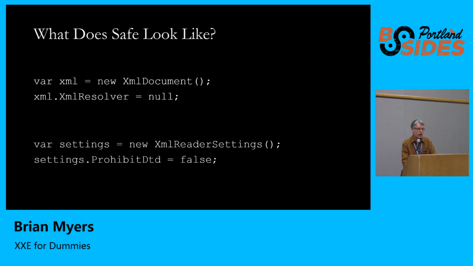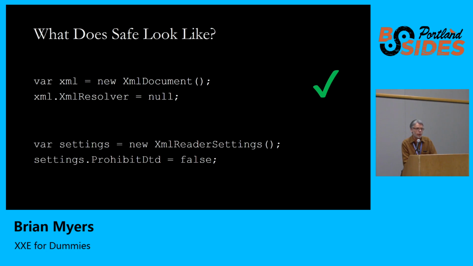In .NET code, this kind of logic looks like this. You create an XML document in those first two lines. That's something that can parse XML, and it has a property called XmlResolver. And if you set that to null, then it will not be able to resolve external entities. That is good. In the second two lines, I have created another object, XmlReaderSettings, which can also parse XML, and then set a property on it to false.